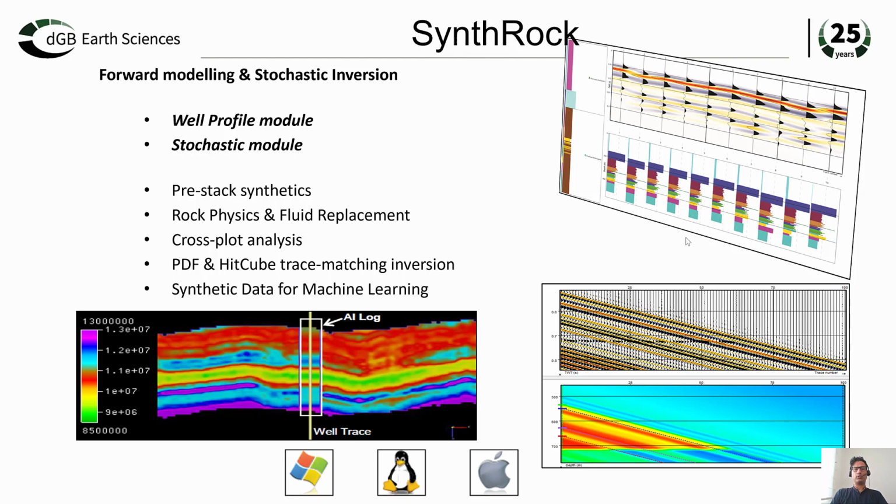You could also incorporate various rock physics trends or models and perform fluid replacement. And in the end, you could use the synthetic data as input for Bayesian classification via probability density functions, and for HitCube trace matching inversion, and obviously for training various machine learning models.